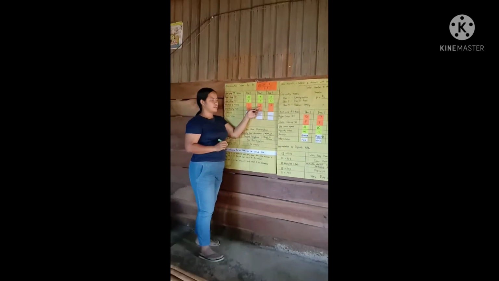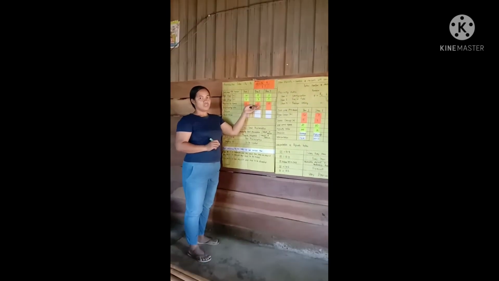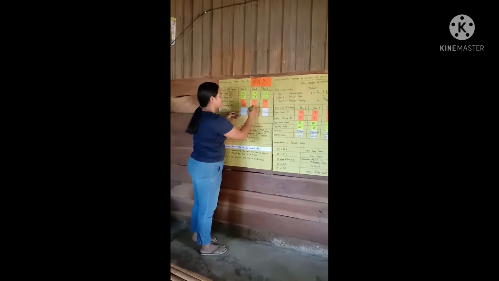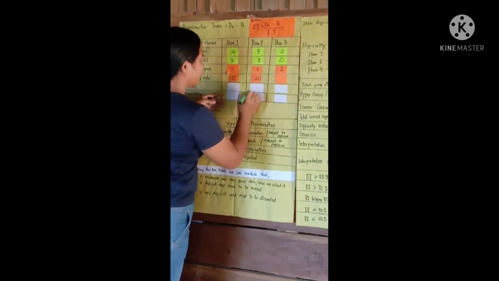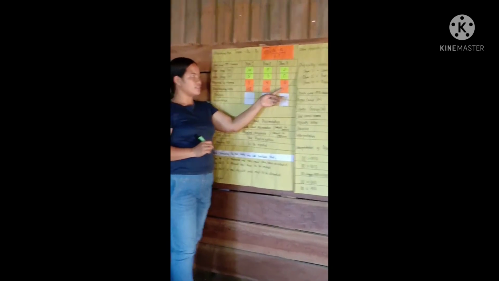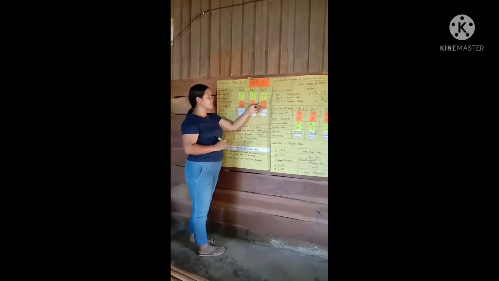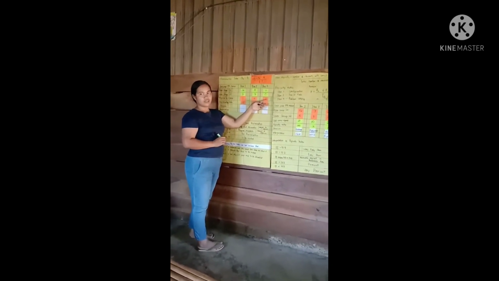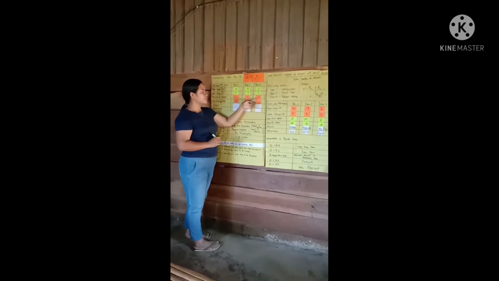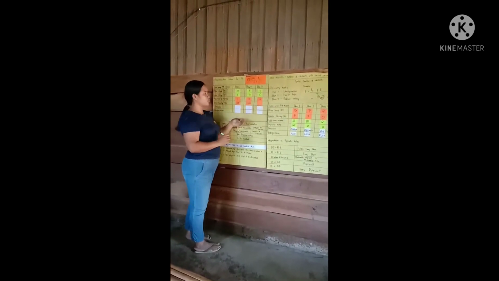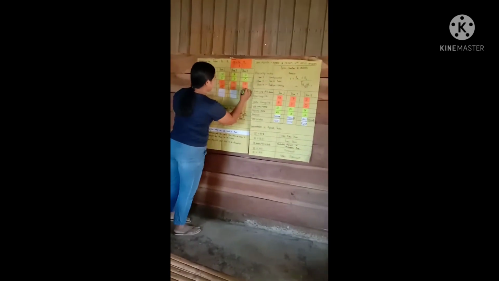And we have here 4 divided by 20, which equals 0.20. And the 2 here is divided by 20, so it will become 0.10.